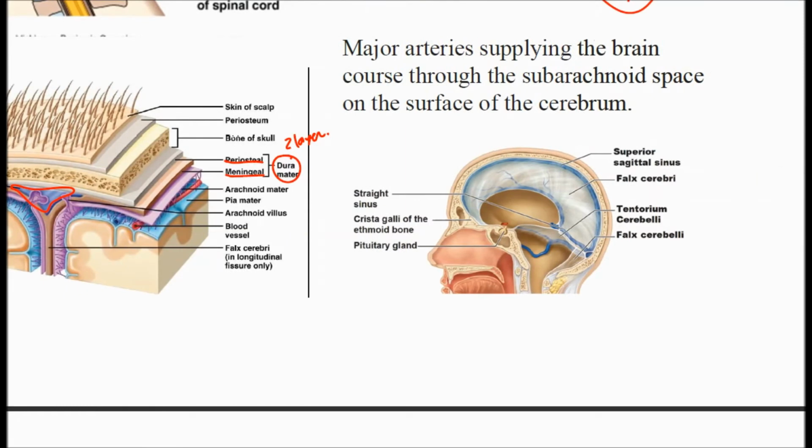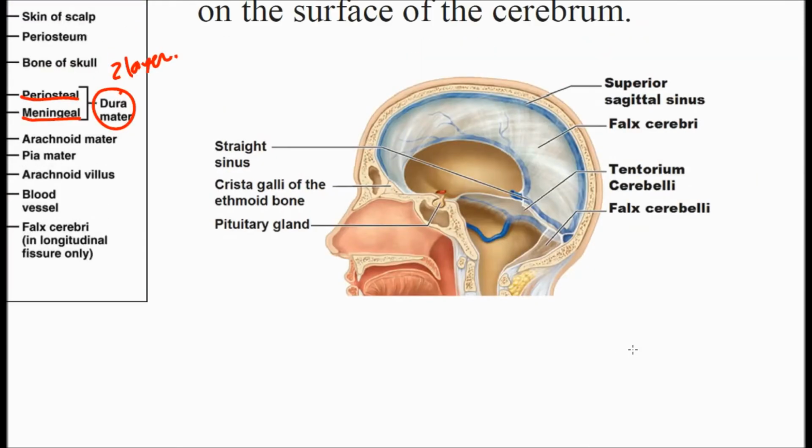The other dura mater structures are shown here. Falx cerebri divides the left and right hemispheres, and tentorium cerebelli divides the big brain from the small brain.